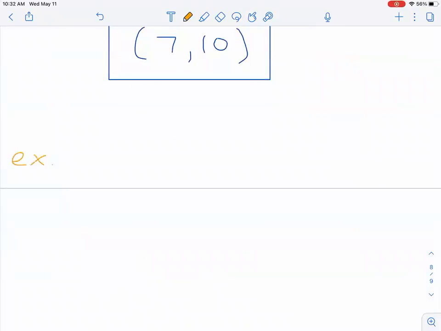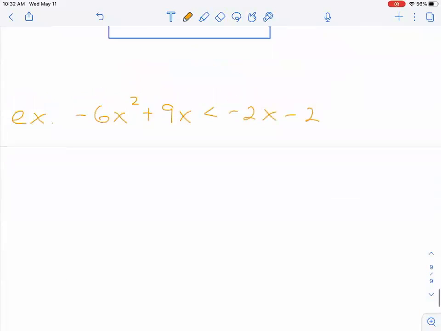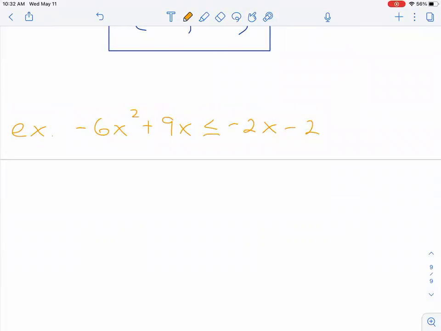All right, let's say we have the inequality negative 6x squared plus 9x is less than negative 2x minus 2. And let's make it less than or equal to.